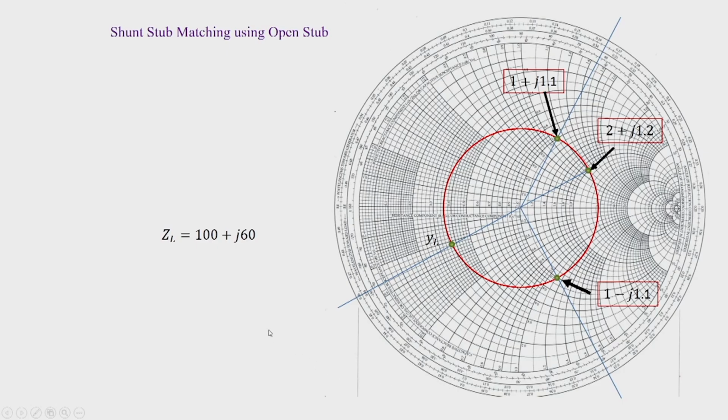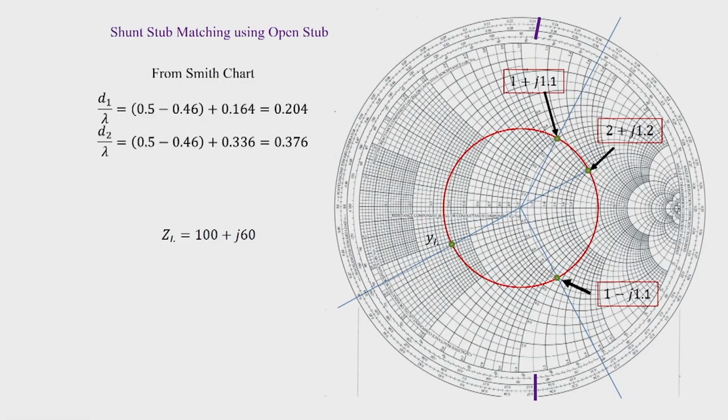Now, we calculate the distances d1. So we find from the Smith chart that d1 by lambda is equal to 0.204 and d2 by lambda is equal to 0.376, and corresponding lengths of the open circuited stub can be found out.